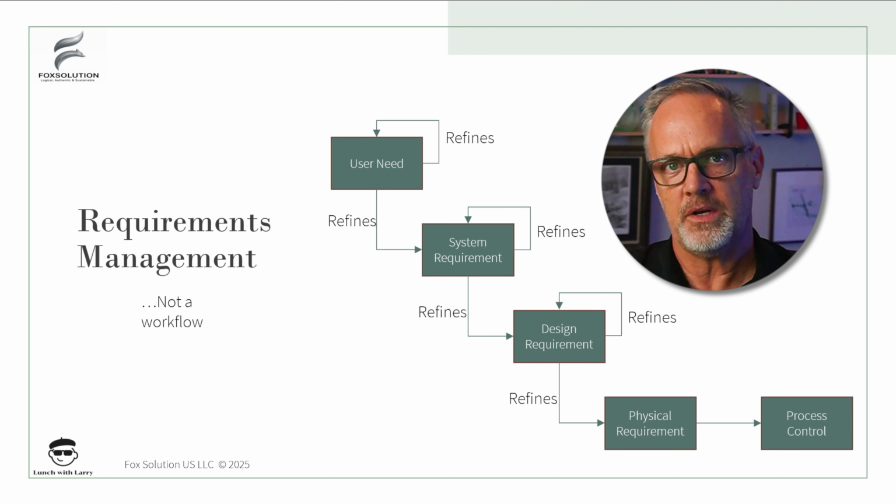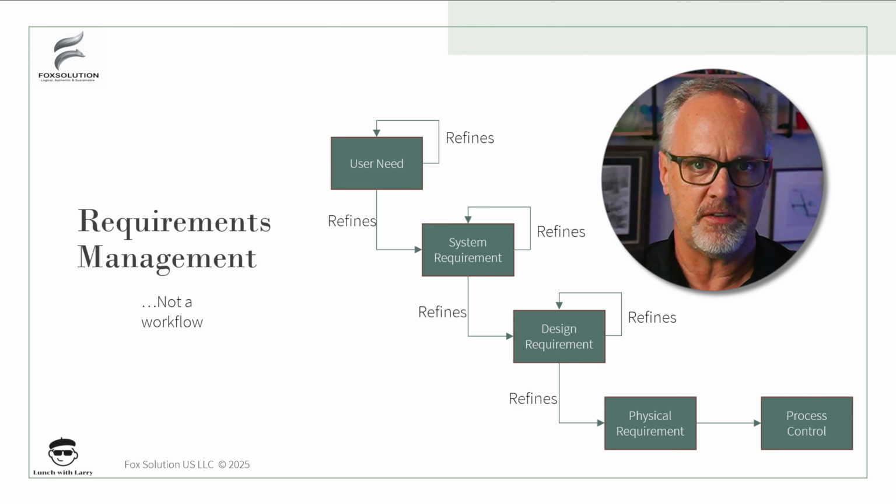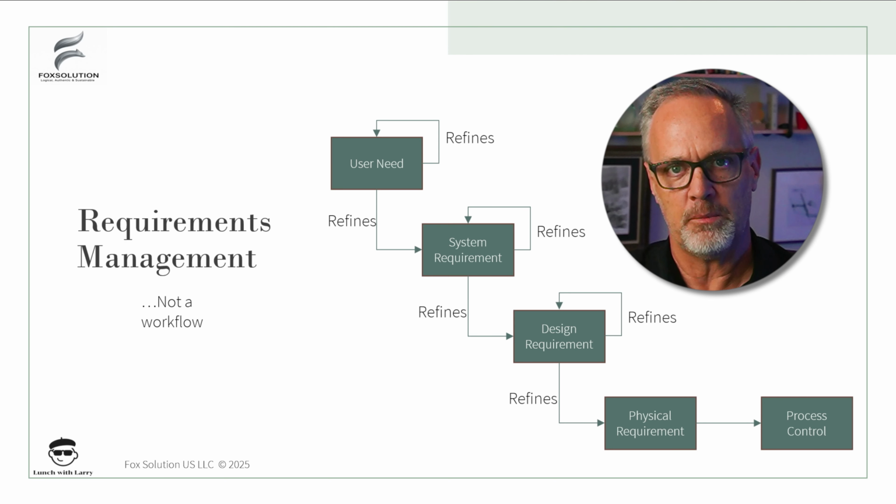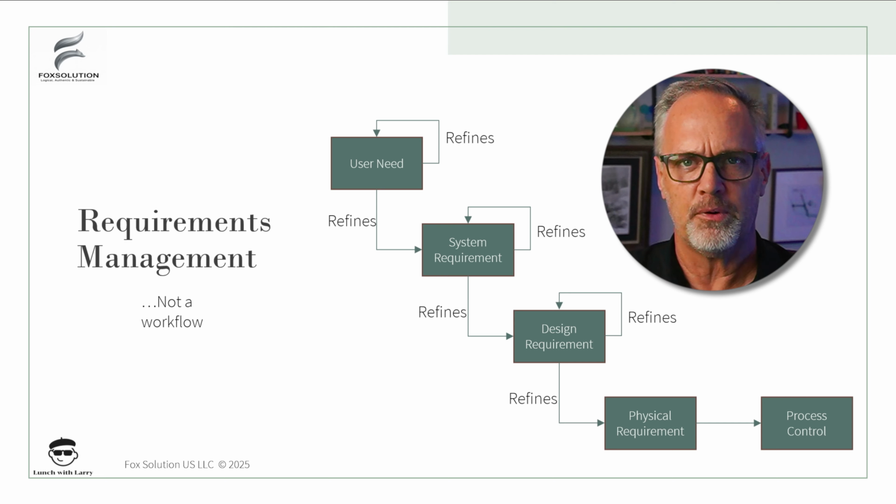And if we do it in this way, we can create this flat view, despite the fact that there's relationships between the different system requirements. They're all contained in one column in a report. And that way the report doesn't get 20 levels deep, 20 columns deep. It's just user needs, system requirements, design requirements. We'll talk a little bit more about that, but we need to get a simple view of the data so that when we do reports, it's not so complicated as to be confusing to the engineers.